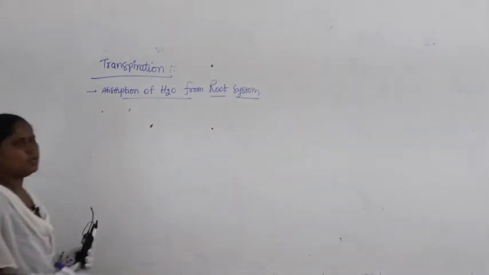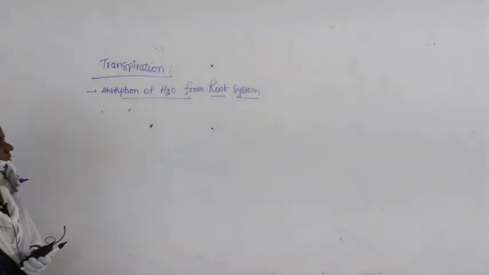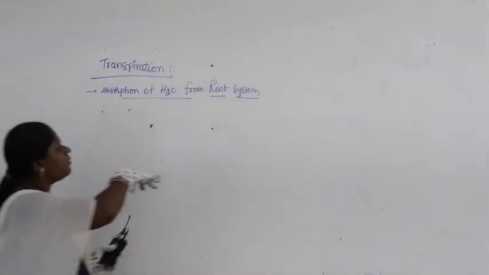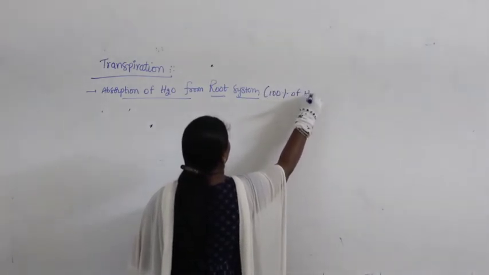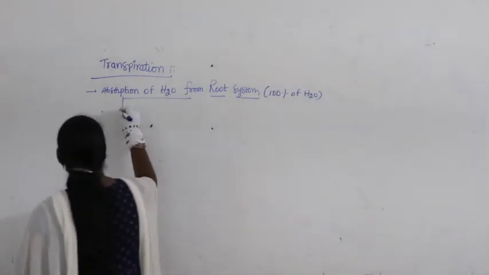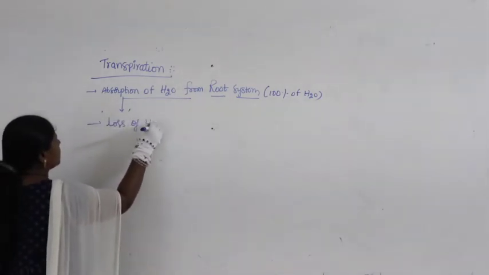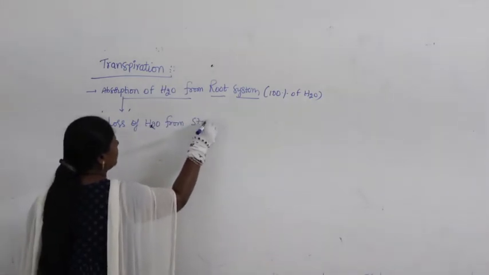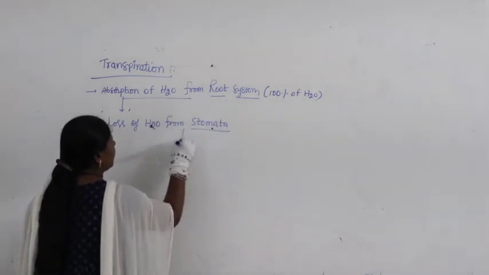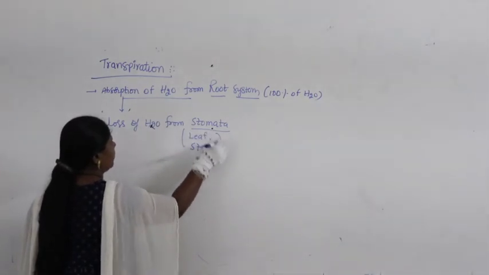That means water is taken in large quantity from the root system. Even though it takes some 100% of water from the root system, loss of water happens from stomata, which may be from the leaf or from the stem.